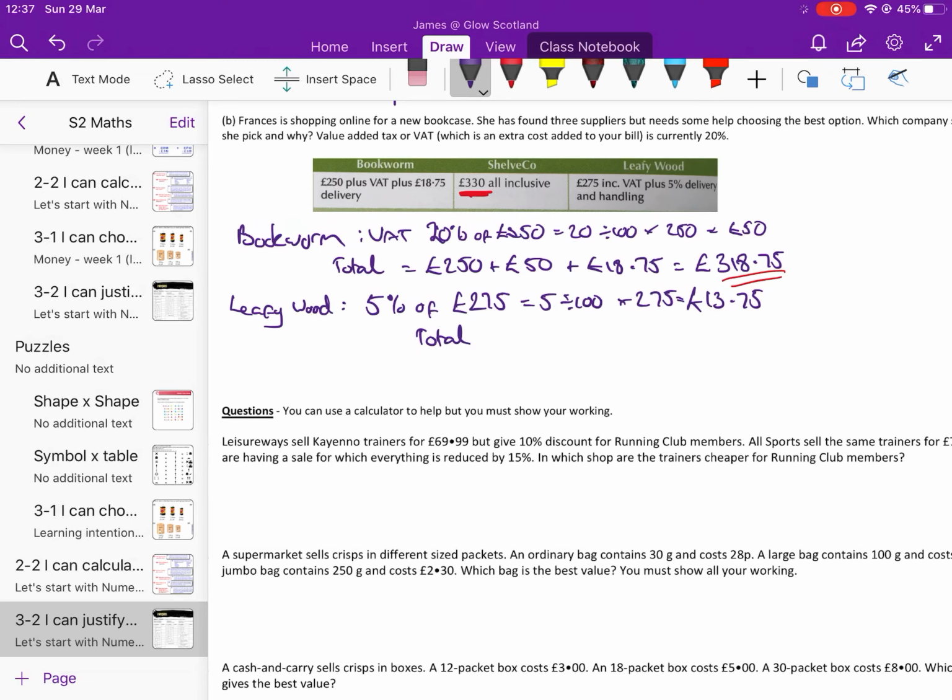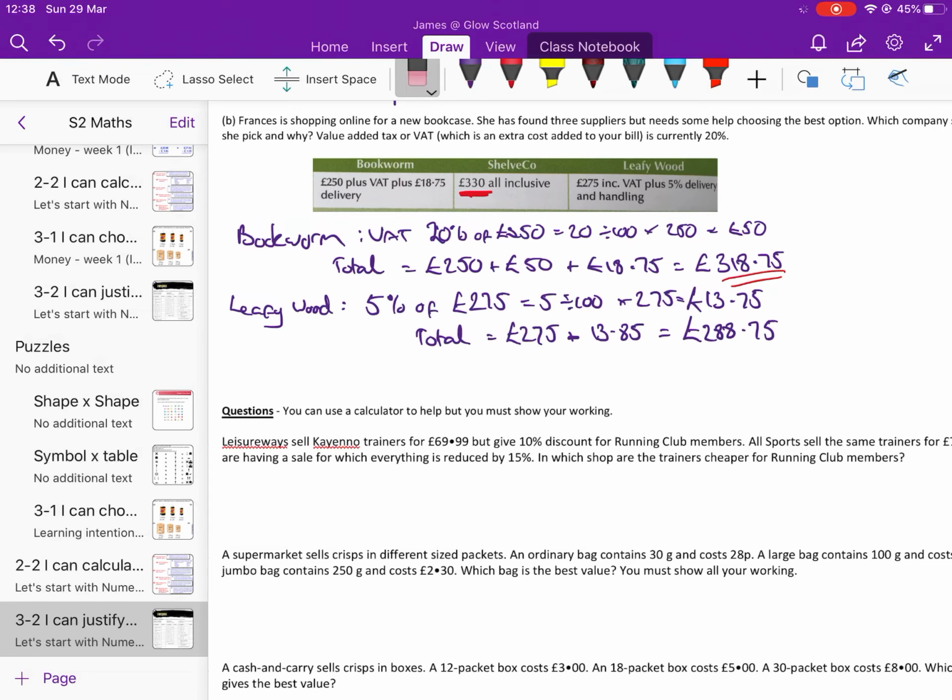So my total cost for Leafy Wood is £275, which is the original cost including VAT, plus the £13.75, which gives me a total of £288.75.